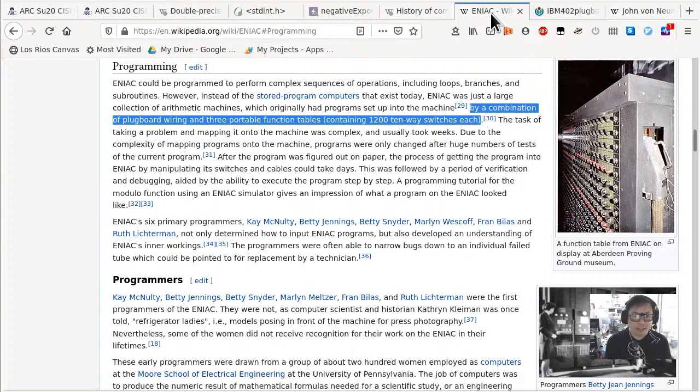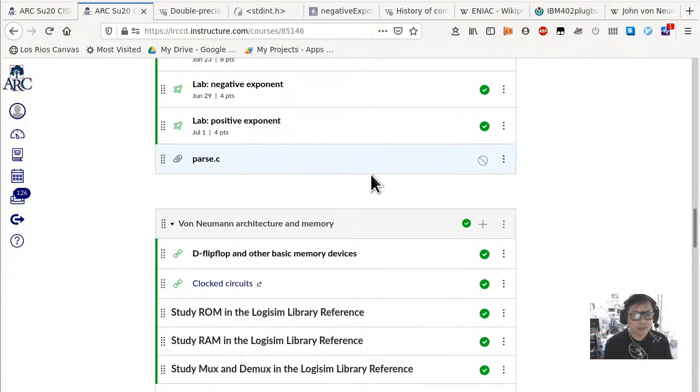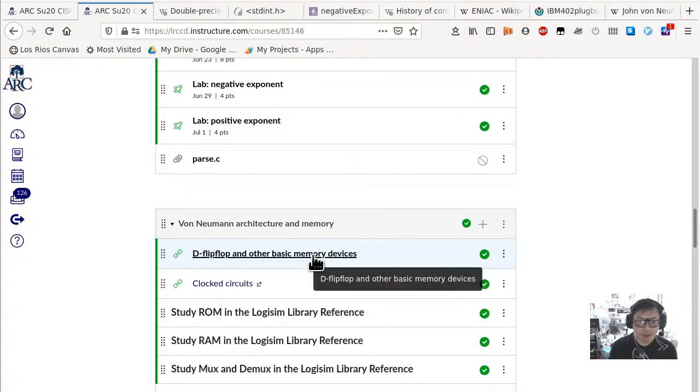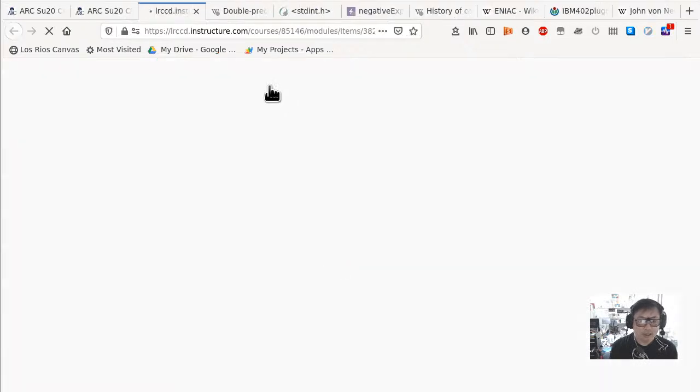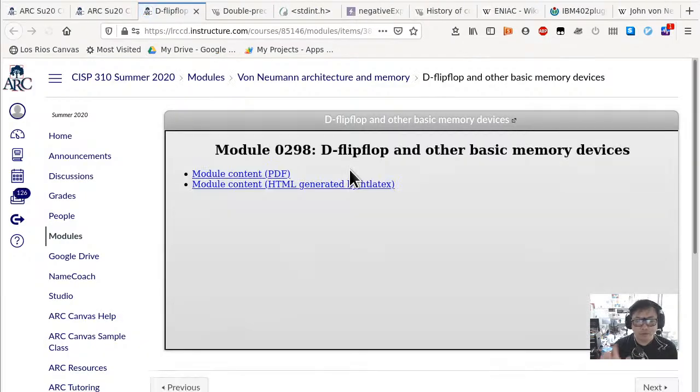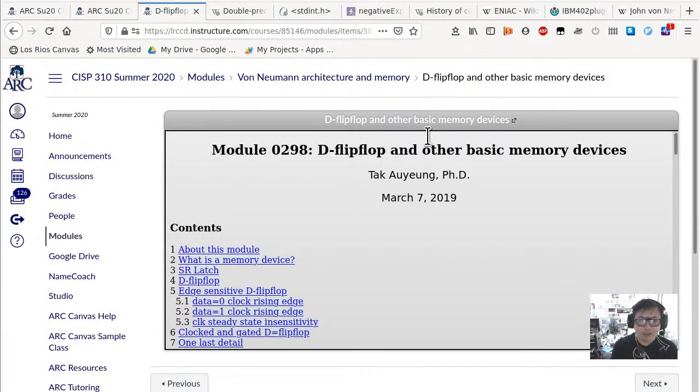So what we'll do now is switch gears to talk about how a computer can, quote unquote, remember something. How does a computer maintain the state of memory? That's basically what this particular module is about. I got some notifications when you put comments into the shared document.